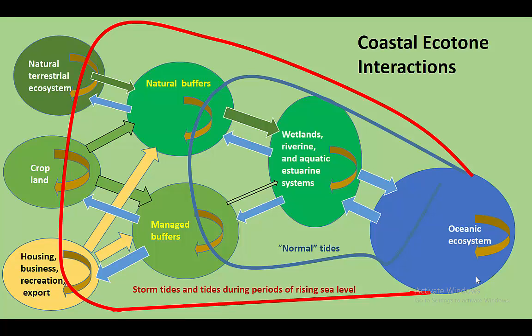Now, what we're suggesting, since the buffers are sort of like sponges absorbing the stuff that comes from the upland, is that eventually the sponge gets sopping full and starts to leak. And so this natural buffer is going to do that. After the leaves have taken up all the nutrients that that particular buffer can take up, then the leaves drop, a storm tide comes, and out they go, or even the normal tides get up into the natural buffers, hence they're buffers.